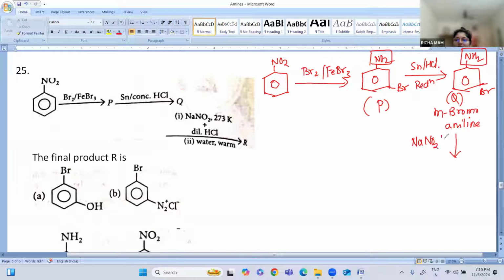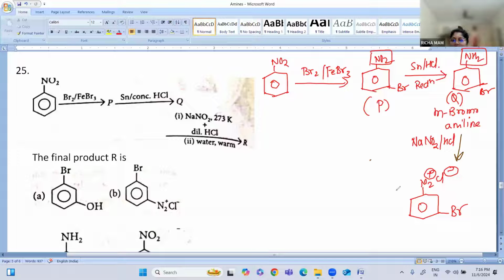Further, I'm going to do diazotization in the presence of NaNO2. Here I'm going to get N2 plus Cl minus, and Br.